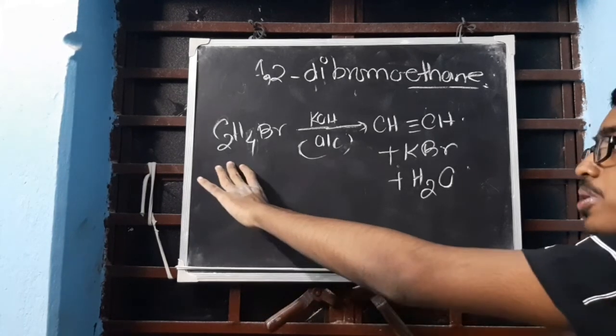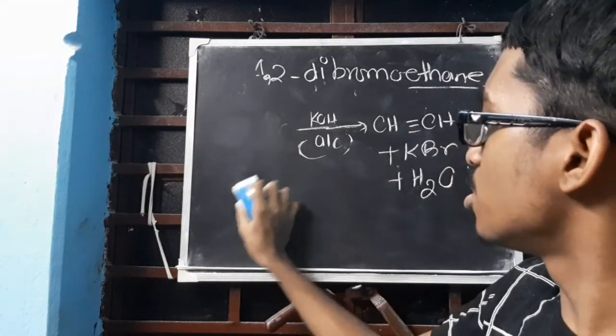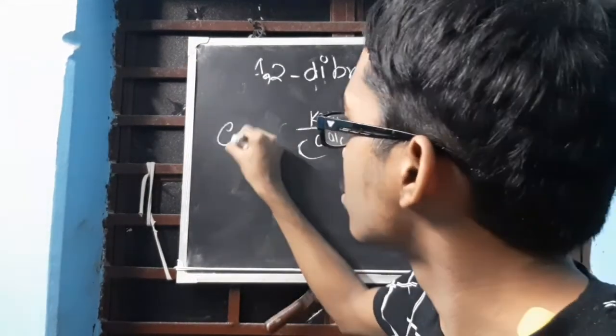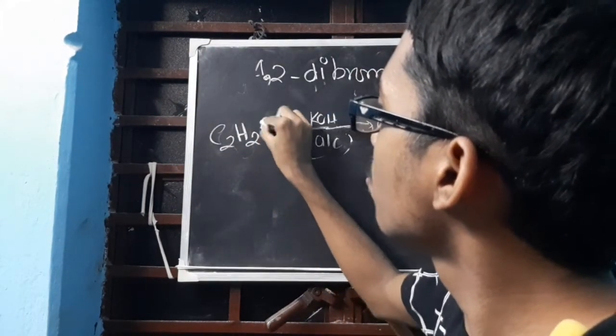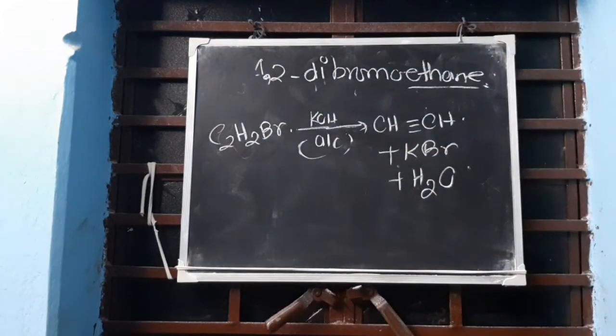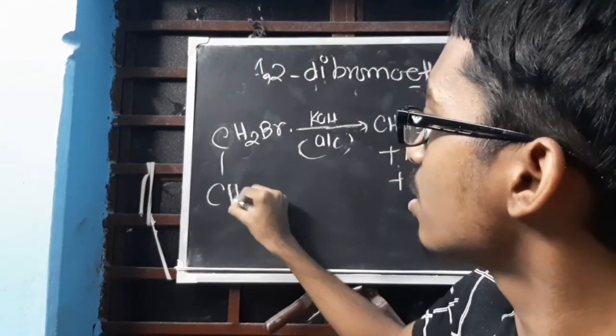So it's C2H4Br. This can be written like this also, as written in your book. CH2Br, like CH2Br.